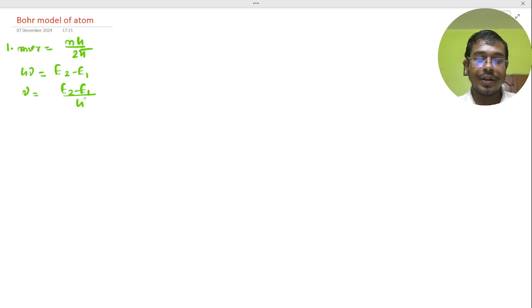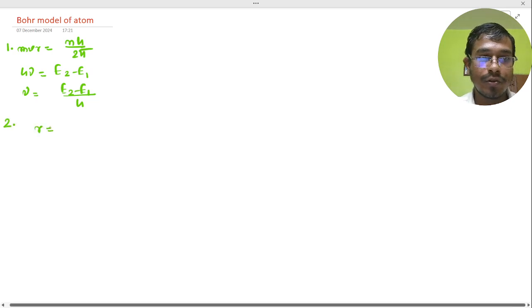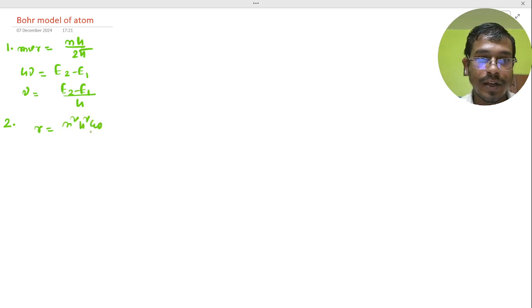As per Bohr's postulate, the radius of different orbits for the electron is r equal to n square h square epsilon naught divided by pi m z square e square. So r is proportional to n square.